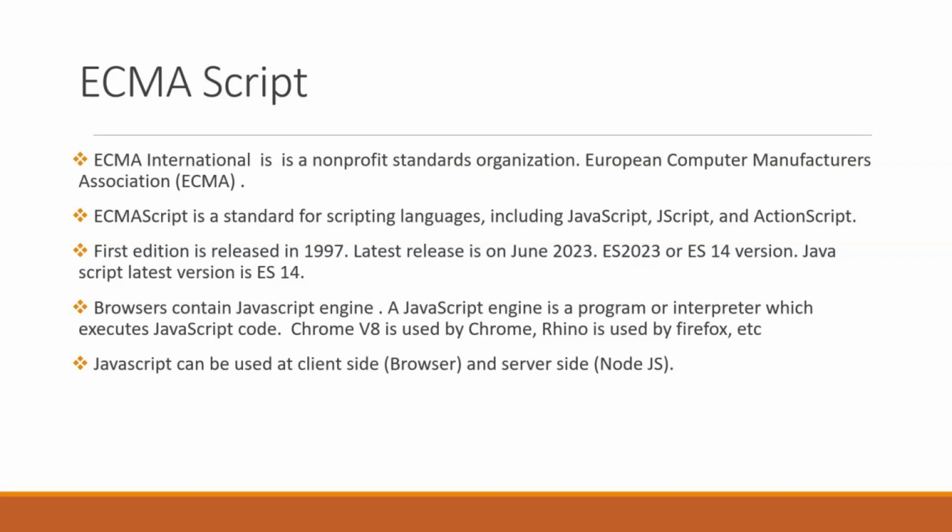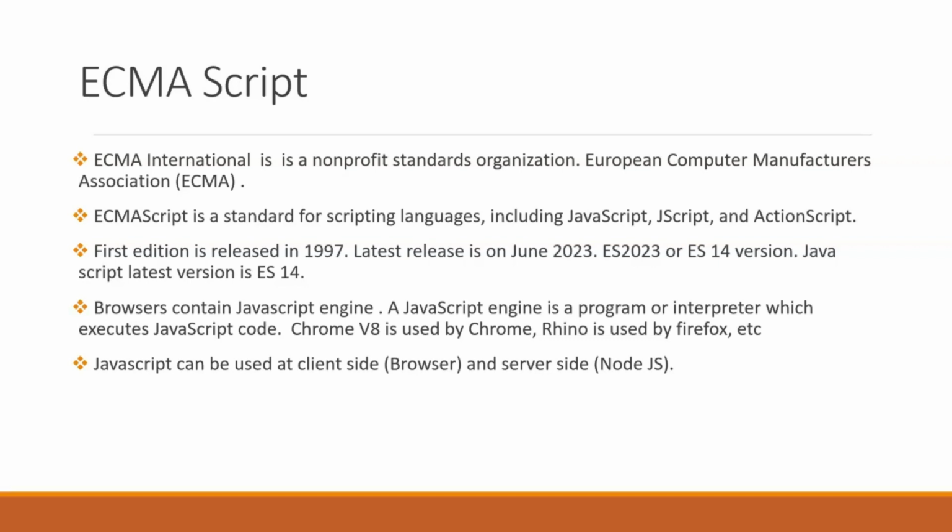It provides some rules and standards which all scripting languages must follow. The first ECMAScript version was released in 1997, and the latest release was in June 2023, and the version name is ES 2023 or ES14. So the JavaScript latest version is ES14 now.